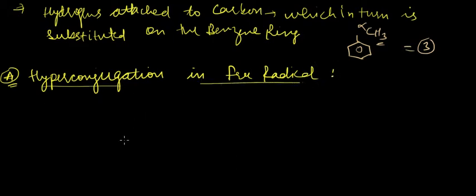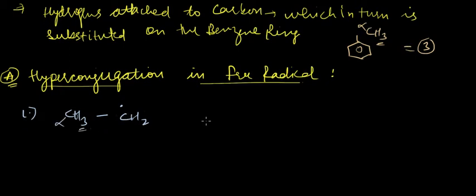Okay, so let me start off by giving you an example. This is a free radical. So what would be the number of alpha hydrogens attached to the alpha carbon? Those are 3 in number.